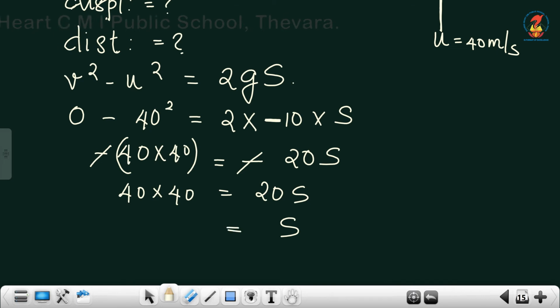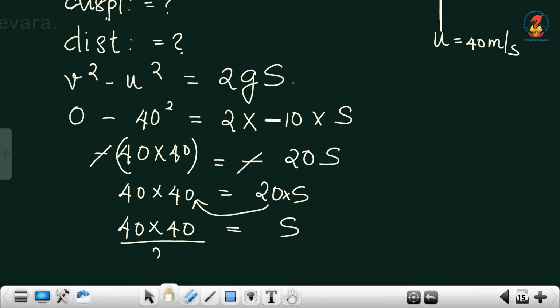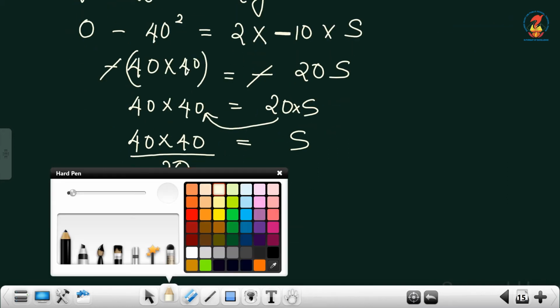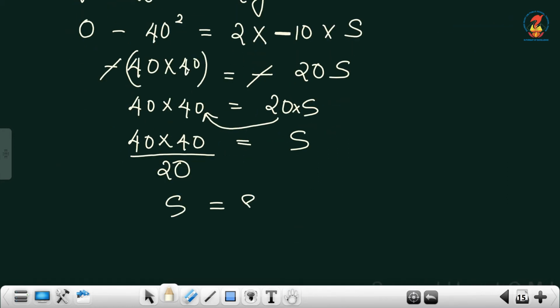Bring this 20 to the other side, so it becomes divide by 20. On solving this, you will get S as 80 meters, using the equation V square minus U square is equal to 2gS.